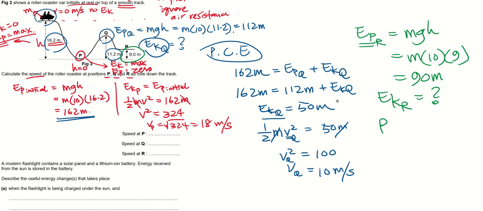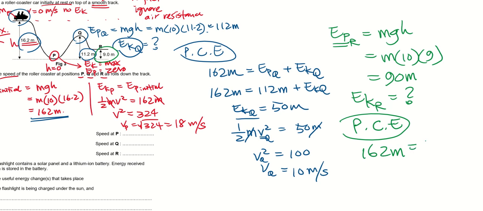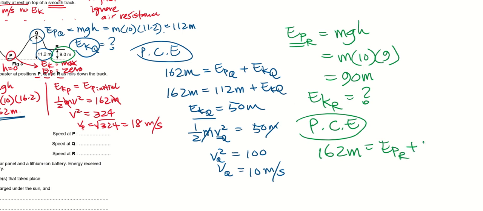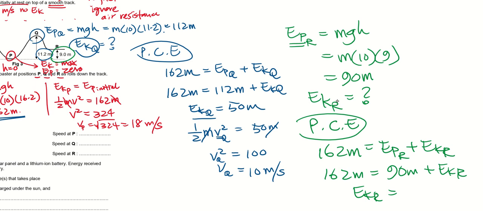Then again, I apply my principle of conservation of energy, and I'm going to take the initial value, which is 162 m, to be equals to EPR plus EKR. Since I already found my EPR to be 90 m, then I can find my EKR to be equals to 72 m.